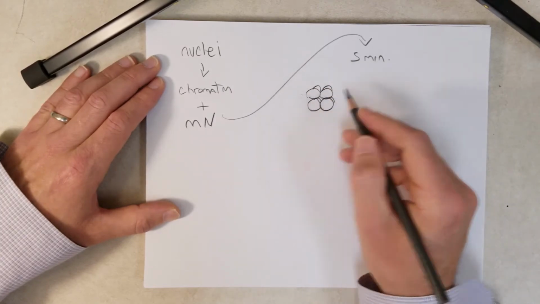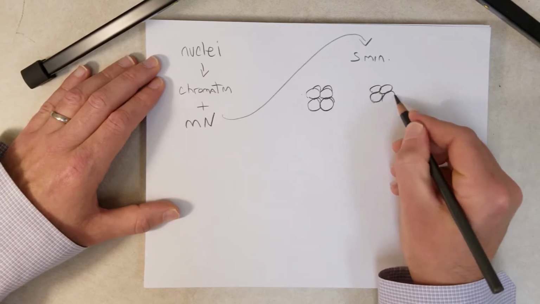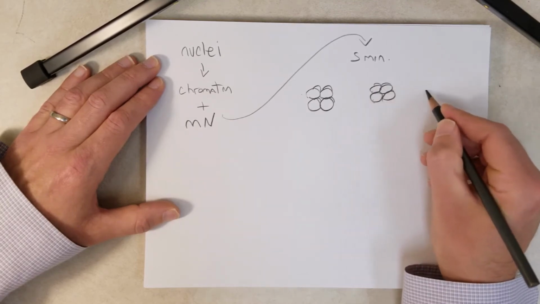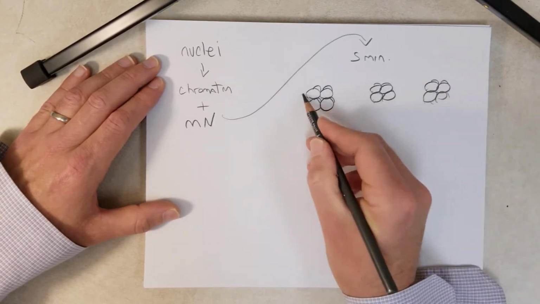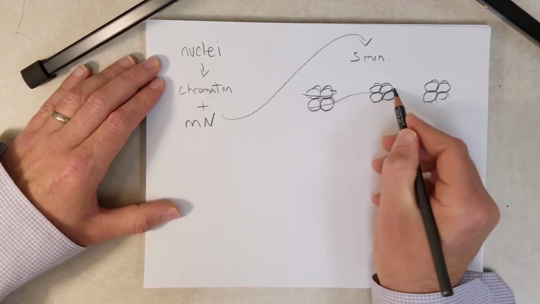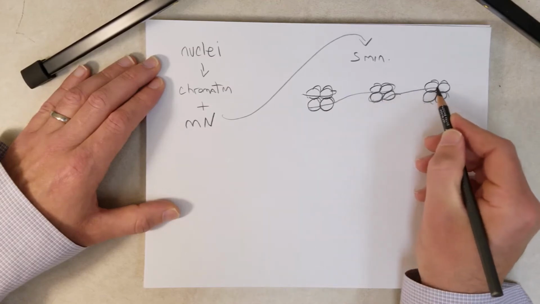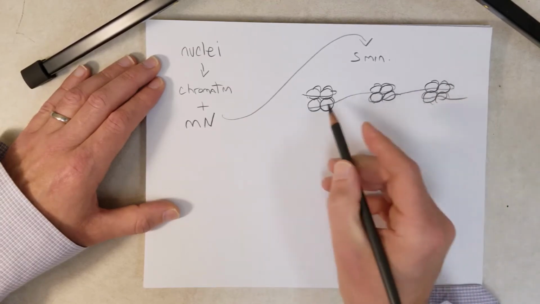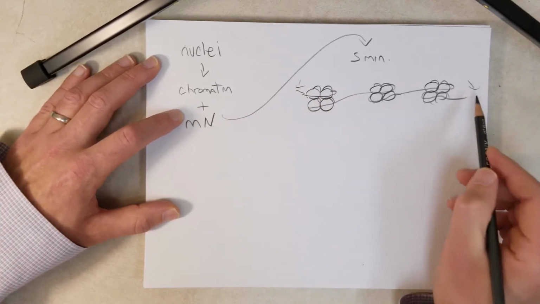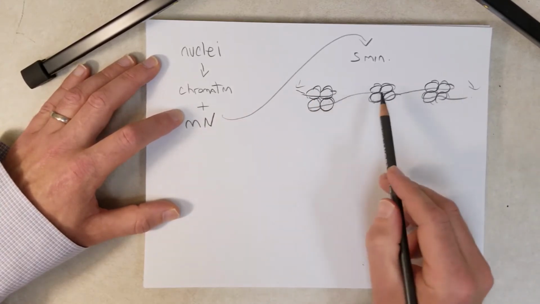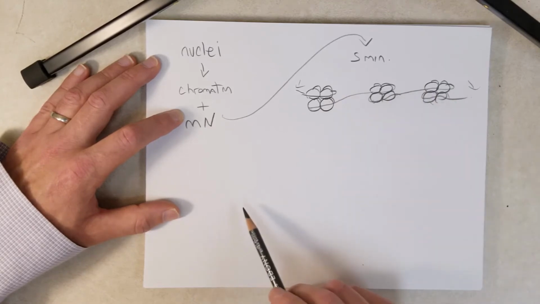We're going to have some chromatin that looks like that, made up of, let's say, 3 nucleosomes. We could have more too, so I'm just starting with 3. So let's say the micrococcal nuclease cut here and cut here. We have a unit of 3 here, so 3 nucleosomes with the associated linker DNA.